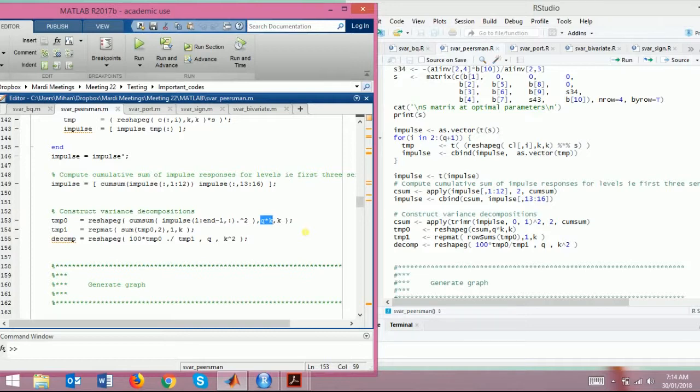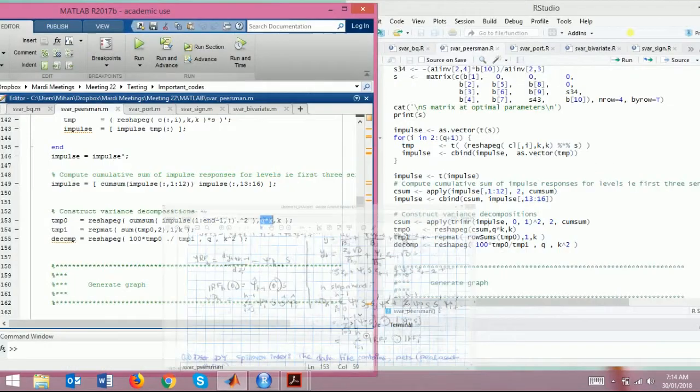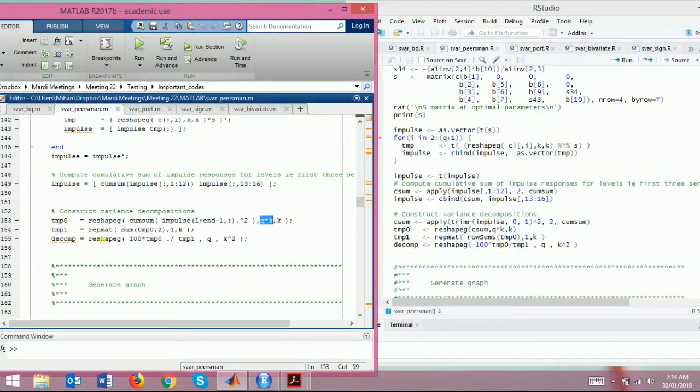So q is moving average, and this is based on moving average, right? So this will go on as per moving average rows and k columns. Repeat matrix TMP1 is the repeat matrix. Sum of TMP0, we take summation. Now we keep adding.